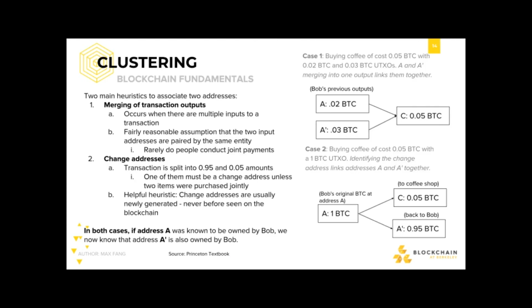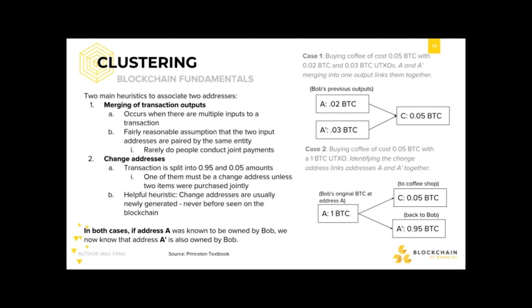The idea behind clustering is that you have two main heuristics. The first is merging of transaction outputs. Say you're going to buy a cup of coffee and that costs you 0.05 Bitcoin. Usually you don't have many people doing this multiple input, single output transaction. Can you think of a use case where multiple people put in inputs to get one single output?